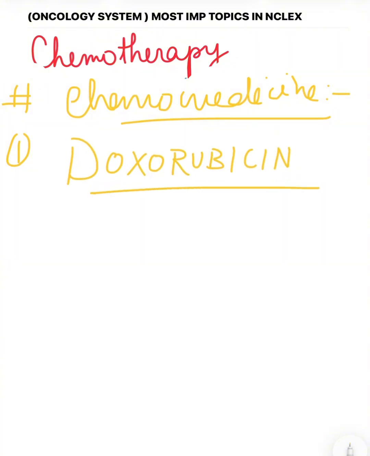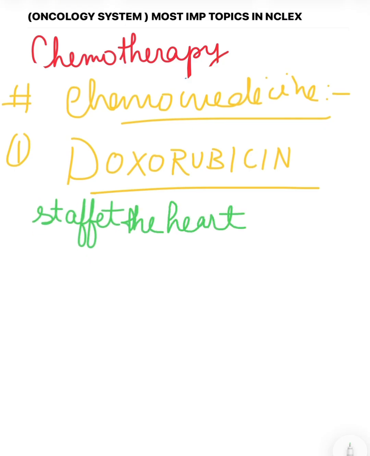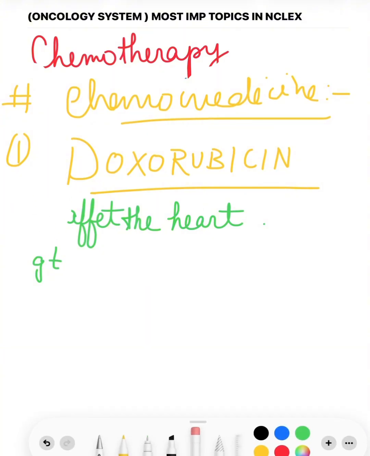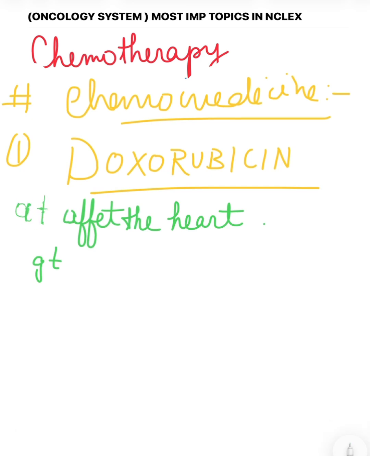The first one is doxorubicin. Doxorubicin is a reason for cardiomyopathy, so it affects the heart, and it also decreases insulin sensitivity, that is hyperglycemia.